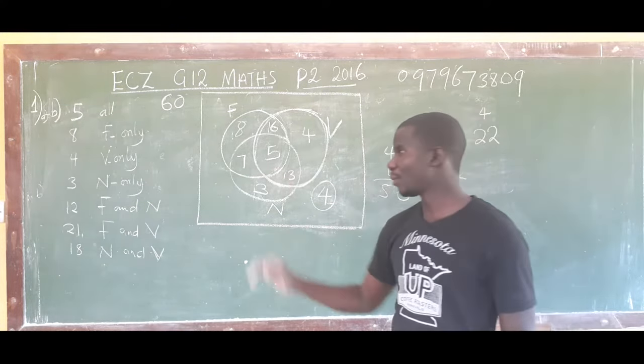Okay, so we have question 4a. Question 4a reads, solve the equation 3x squared plus 5x plus 2 is equal to 0, giving your answer correct to 2 decimal places. Okay, correct to 2 decimal places.